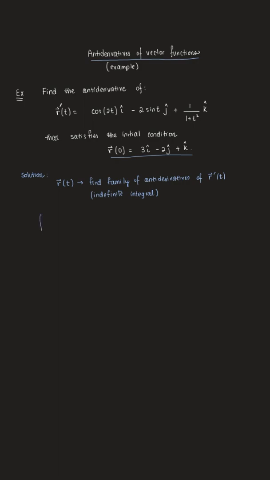So we're going to take the integral of cosine of 2t i minus 2 sine t j plus 1 over 1 plus t squared k. Integrating component by component, the antiderivative of cosine of 2t will be sine of 2t over 2.